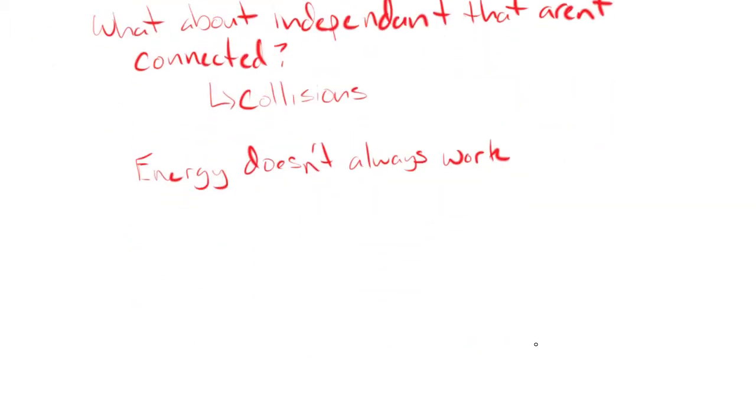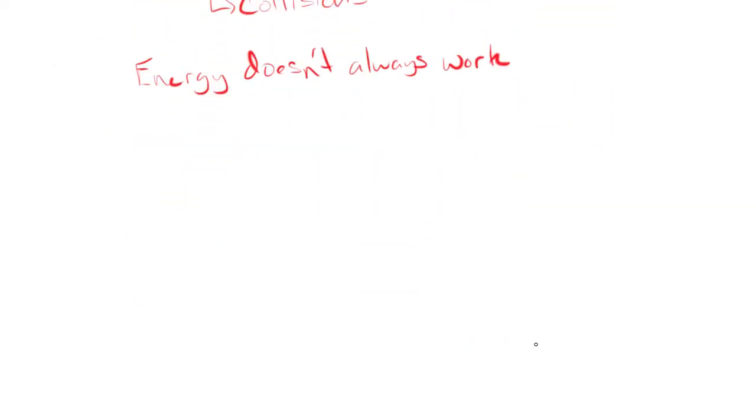It's not to say energy doesn't always work. Like looking at conservation of energy problems, tracking energy. Not to say that we can't use those ideas, but like I've been saying over the past several days, we just don't have the ability to track different types of energy. We can't track the energy that goes into heat at this point. We can't track the energy that goes into crumpling some device and deforming some device.